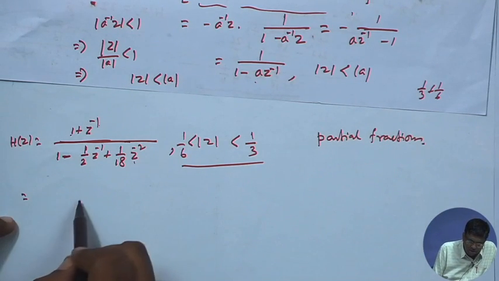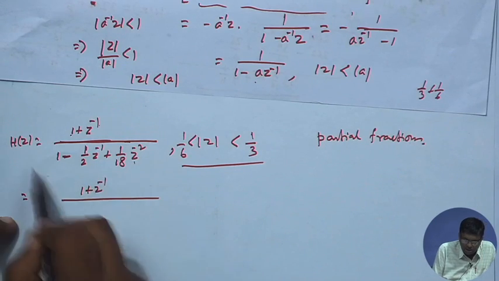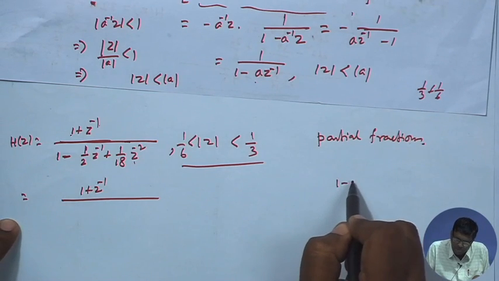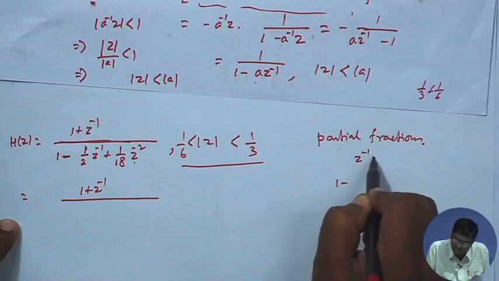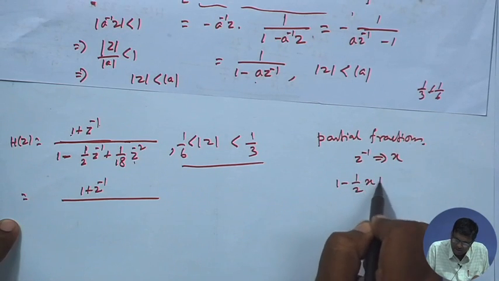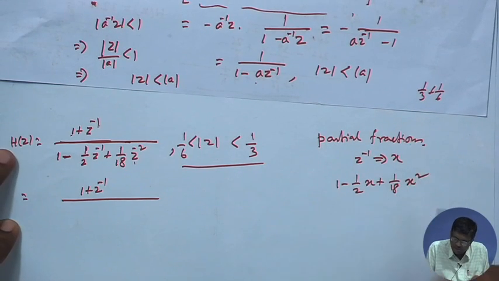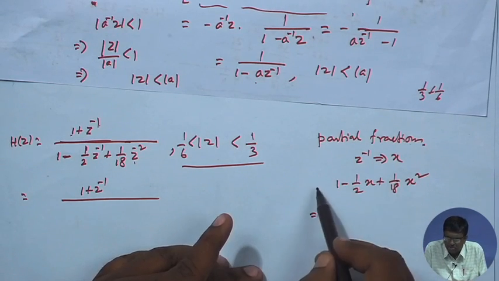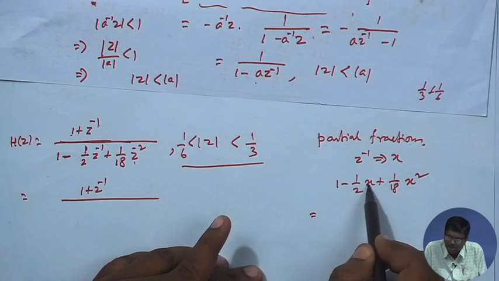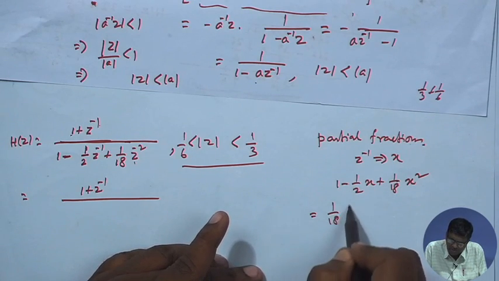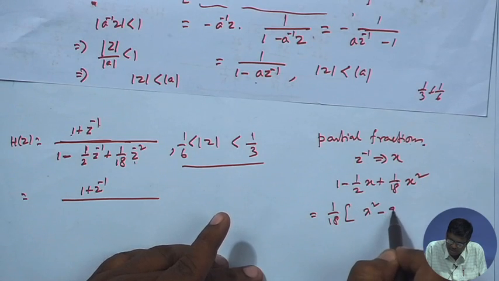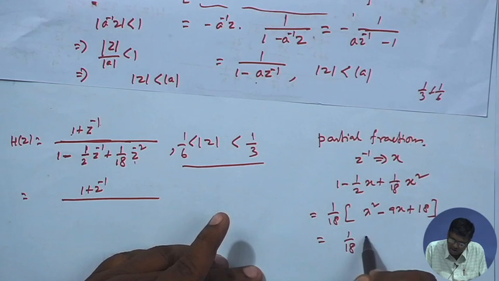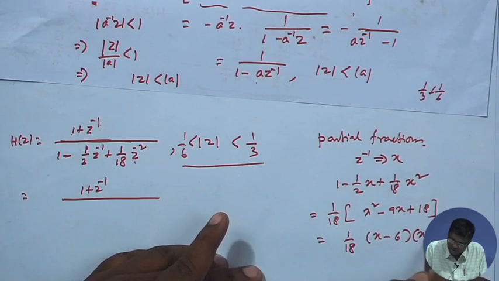Okay. For this, you keep the numerator as it is, and factorize this polynomial into first order factors. This polynomial, if you call Z inverse as x, is 1 minus half x plus 1 by 18 x square. Okay. You can do factorization, you can take 1 by 18 out, so x square, and then it will be minus 9 x plus 18, if you want to do it that way. So, it will be 1 by 18 x minus 6 x minus 3.